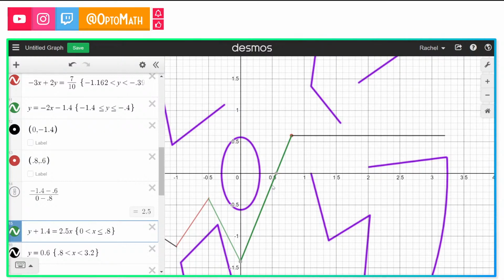You're just like, this point looks like it goes there. You can use that point in point-slope form, and then once you've plotted it, you can then guess and check your slope. So that might be a good thing to use. There's lots of different methods to use here. It just depends on what works for you.